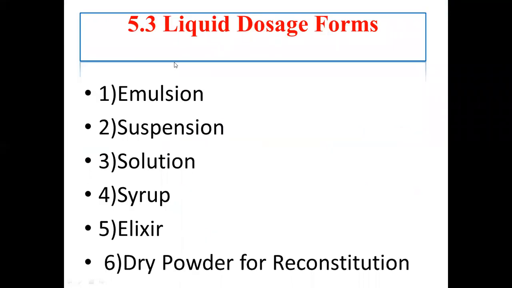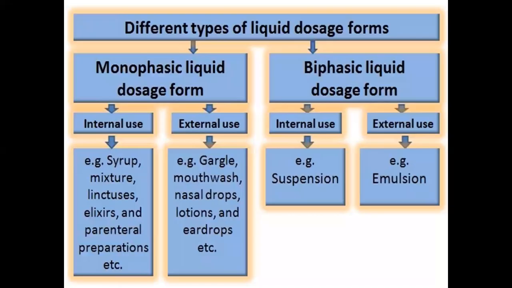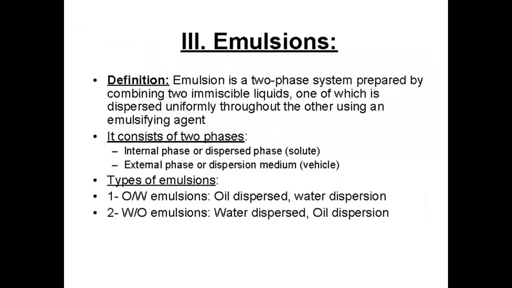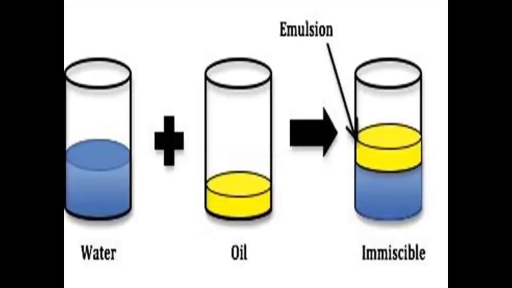So in this chapter, firstly we discuss the definition of emulsion. Emulsion is a biphasic liquid dosage form in which two immiscible phases are made miscible by using an emulsifying agent, and this emulsifying agent helps to reduce interfacial tension between these two immiscible phases and makes the emulsion stable.